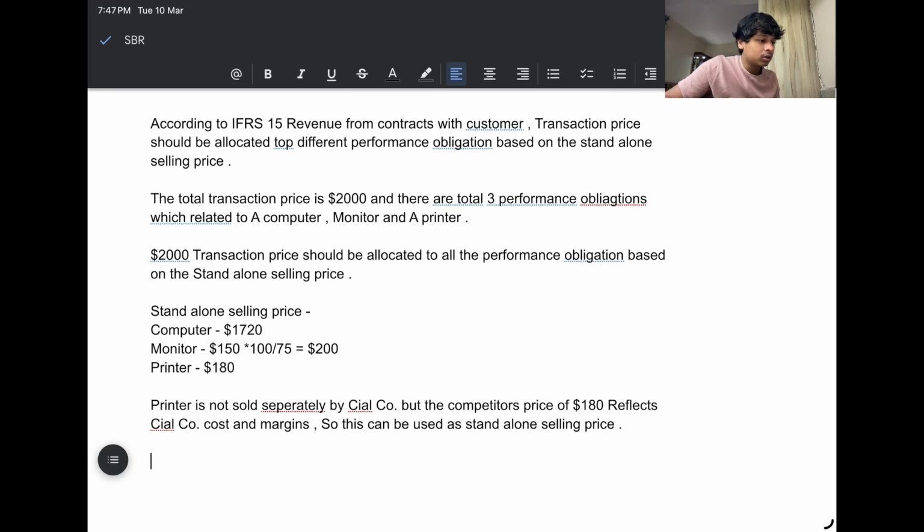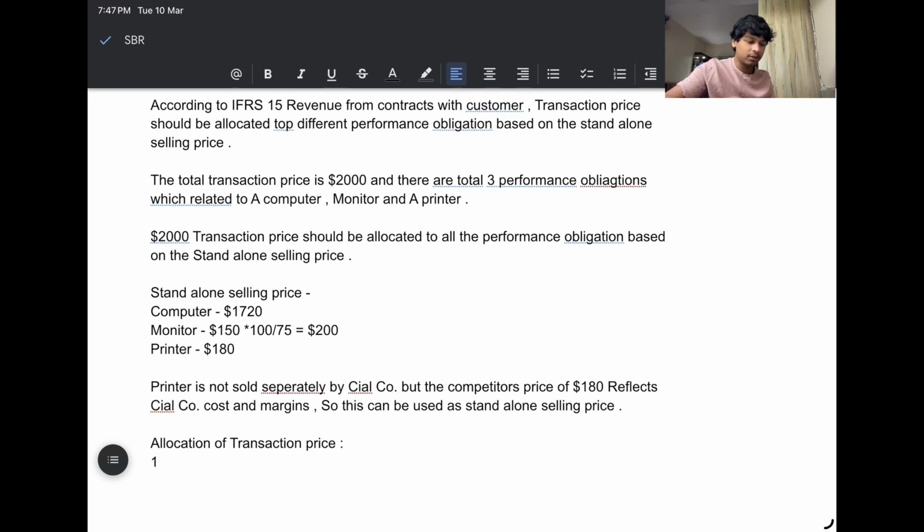Now we have calculated the standalone selling prices, and it's time to allocate the transaction price. Allocation of the transaction price.